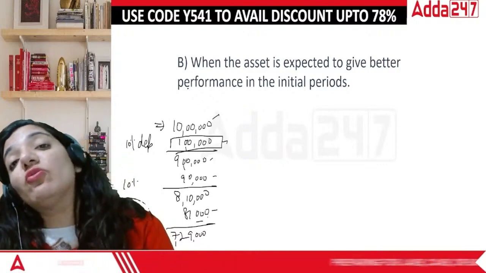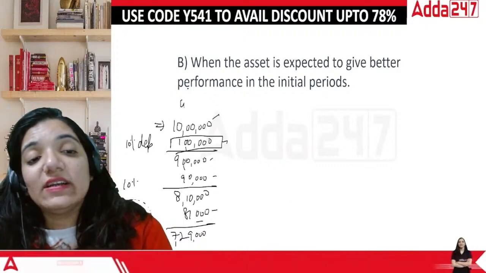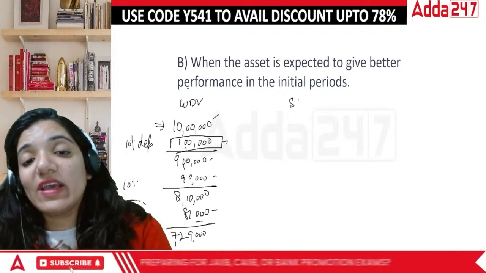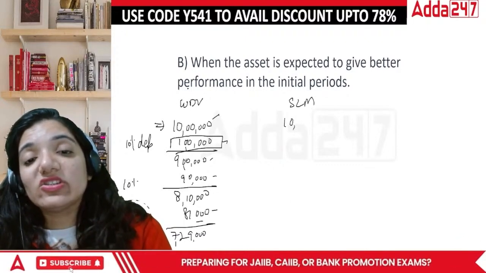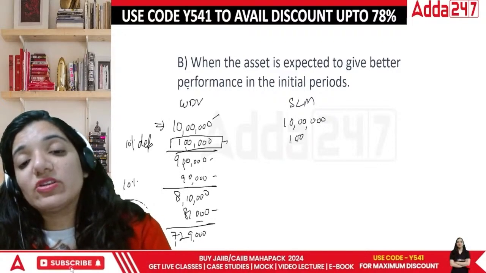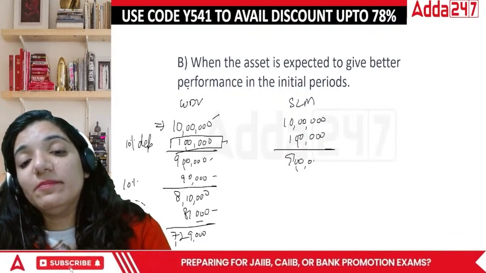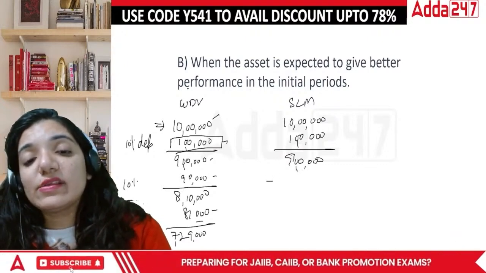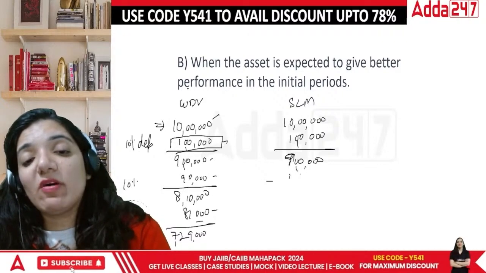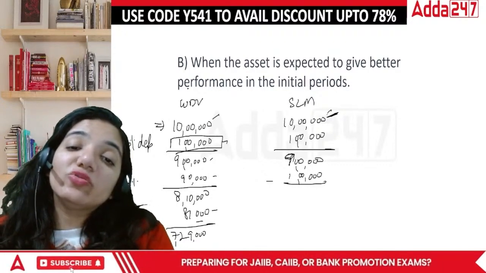Now, in terms of original cost, if it is 10 lakh rupees, this is WDV, everyone. And if I show you the SLM method, if this is rupees 10 lakh, every time you will find the depreciation remains the same. In the first year, it is the same. In the second year, it continues with the same amount, because it is said to be 10% of your original cost, the cost at which you bought it.